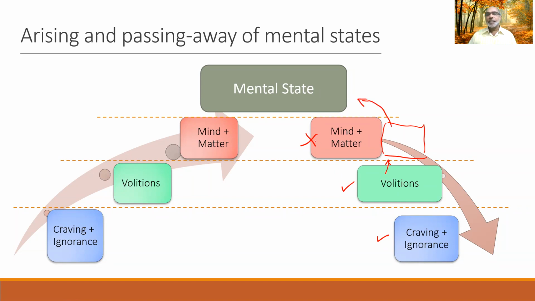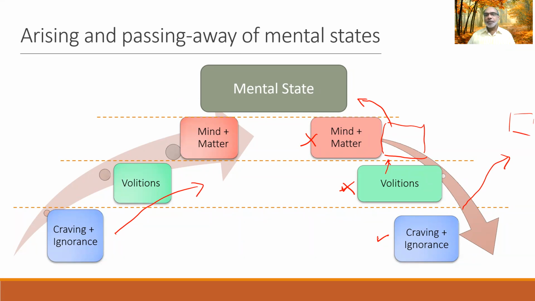But supposing mind plus matter has also vanished, and the volitional force is also not there, but only the craving is there, a new mental state will be generated by the same procedure which we have drawn here. A similar procedure will activate to generate a new mental state again, because the craving and ignorance is there.